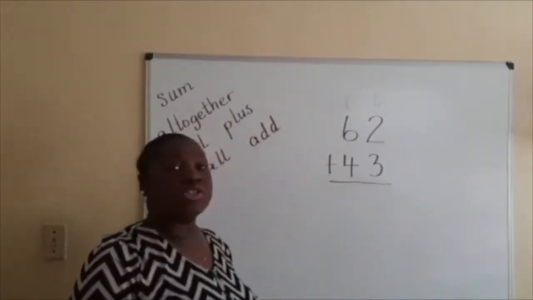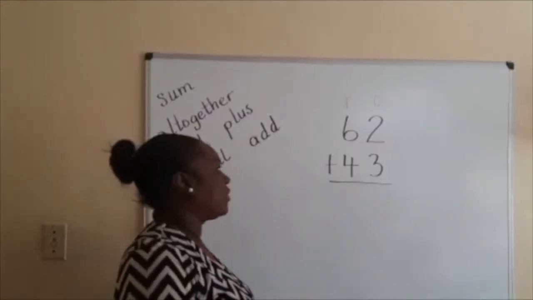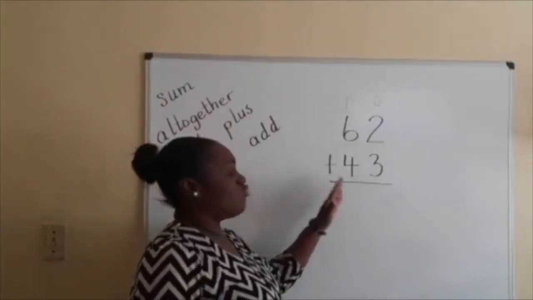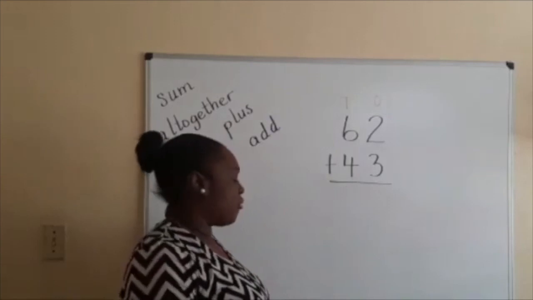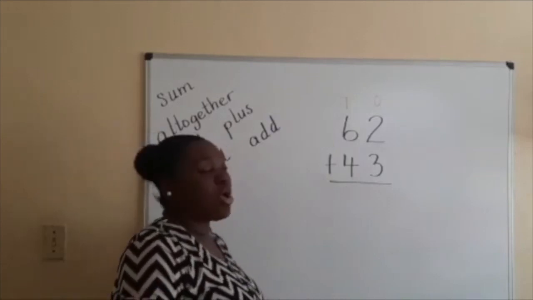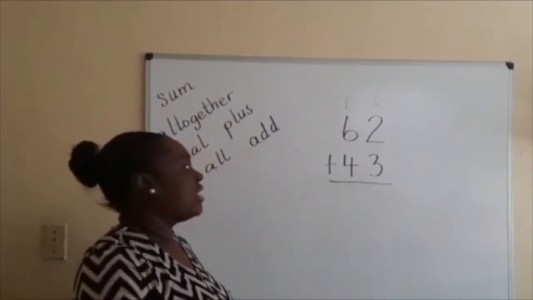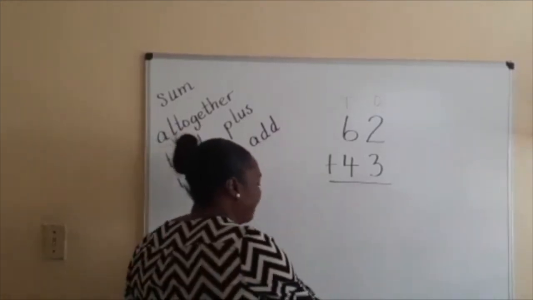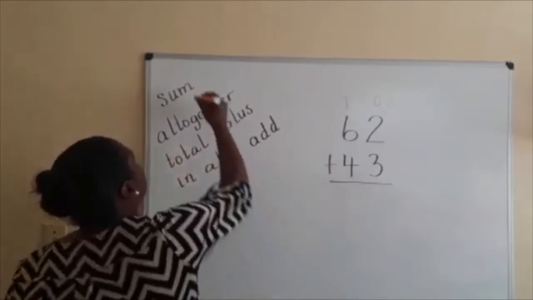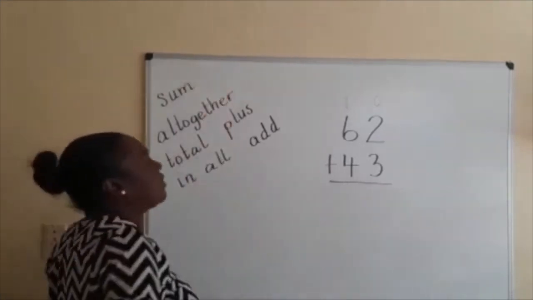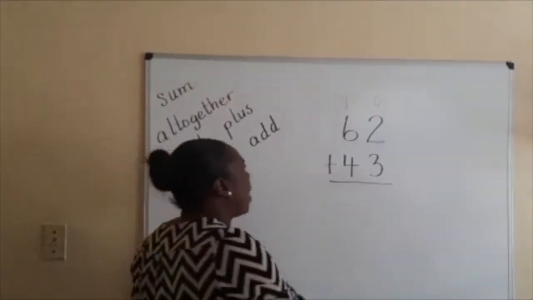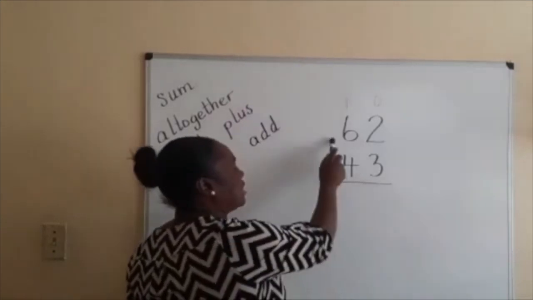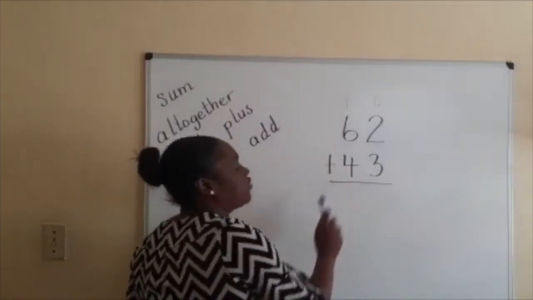Now we also solved a problem today. Now we're going to look right over here to a problem for us to solve. Anyone remembers the answer in an addition problem? Yes, it is called the sum. So we must find the sum of 62 plus 43.